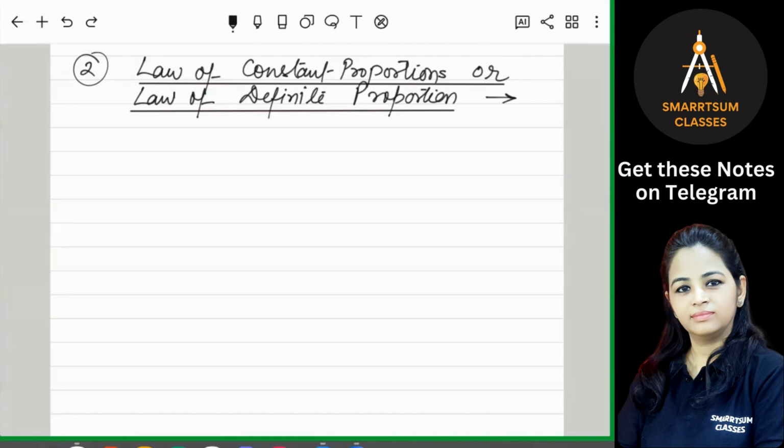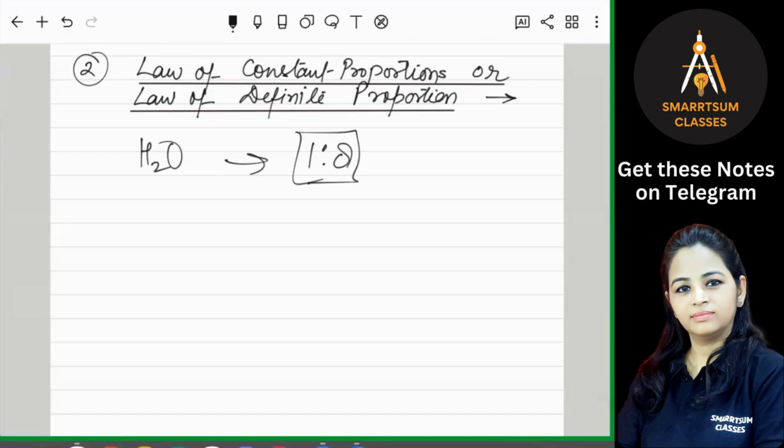Is that clear? That means in a compound, for example, if we talk about water, H2O, the ratio of the mass of hydrogen to the mass of oxygen is always 1:8. Is that clear? So in which proportion are they always combining? 1:8, right?